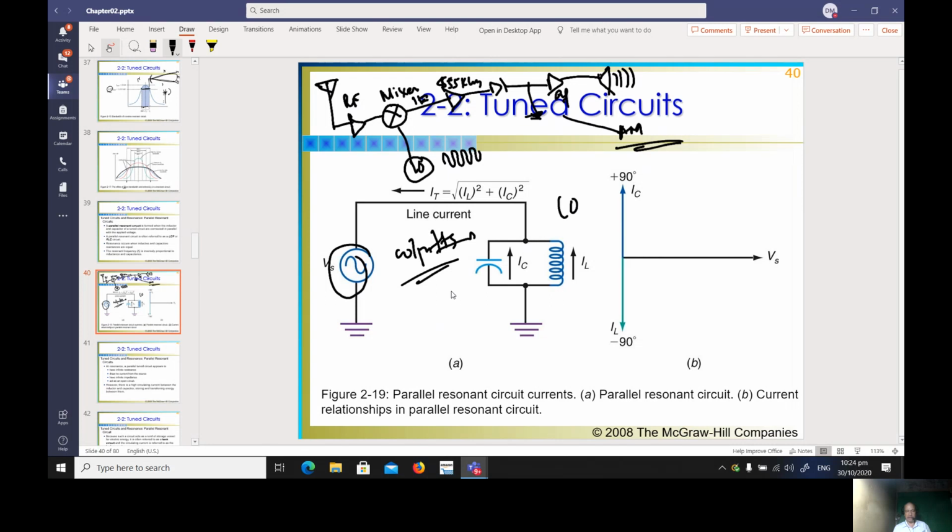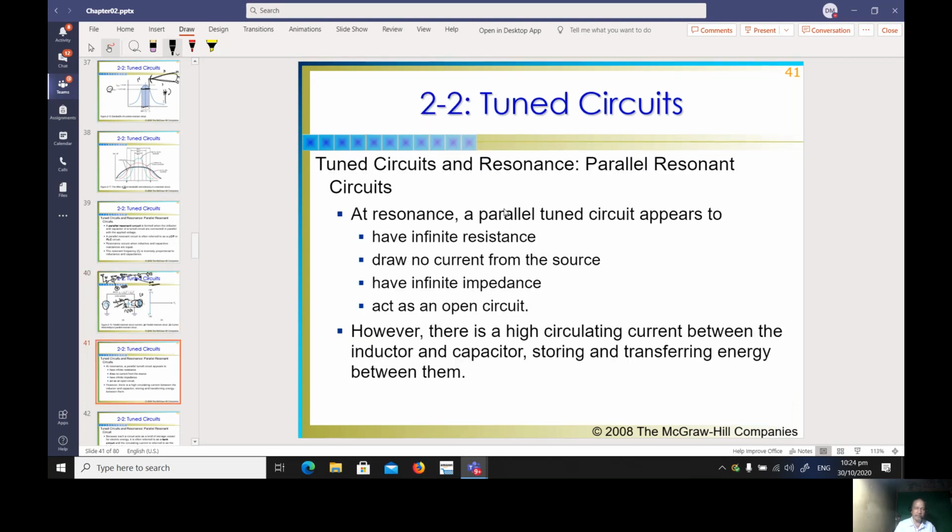Siyempre ilalagay mo siya ng battery. Tapos pag nag-charge, magsusupply sa rito, tapos magpo-produce ng isang direction, and then magdi-discharge another direction pag clockwise. Kaya nakapag-produce ka ng sine wave.